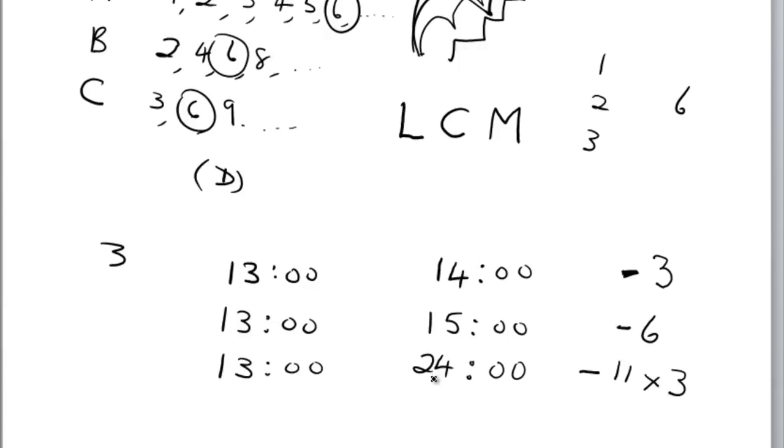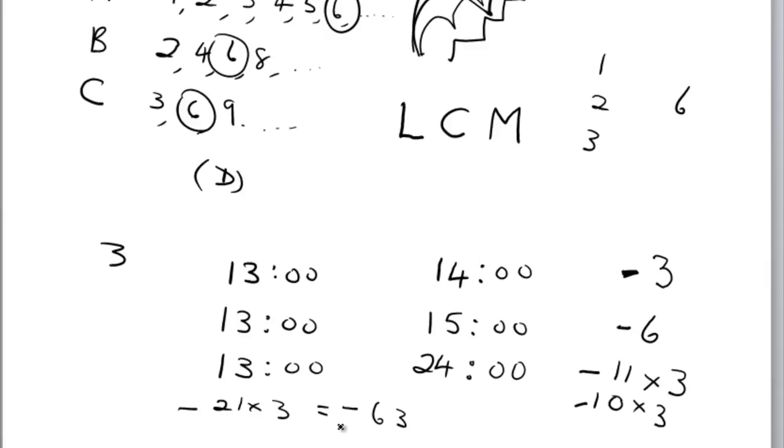Then you've got to go from midnight till 10 o'clock in the morning, which is another 10 hours. So now you've got to take away another 10 lots of 3 minutes. So actually, you've got to work out 21 lots of 3 minutes, which is 63.